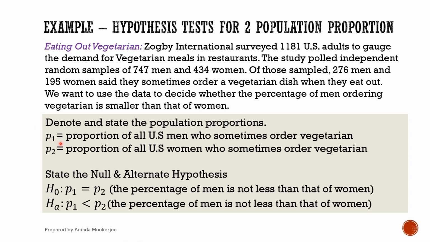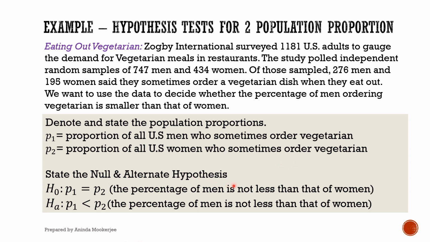So population 1 we already stated; p1 is the proportion of all US men who sometimes order vegetarian. Now in the previous slide we just defined the two populations. This time we are denoting the two proportions. There's a difference between population and proportions. And then p2 is the proportion of all US women who sometimes order vegetarian.